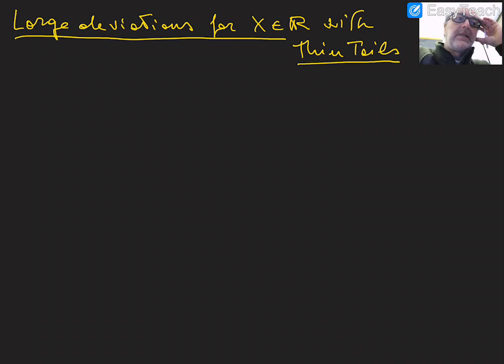Okay, let us now discuss the same problem of large deviation, but in the case where the random variables x are continuous, and so they have a PDF.